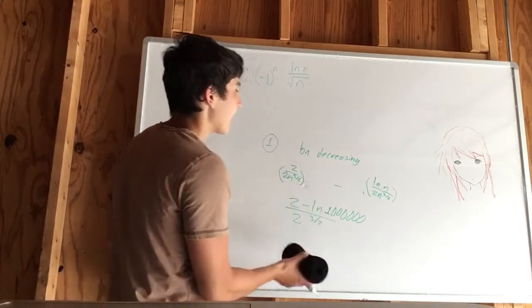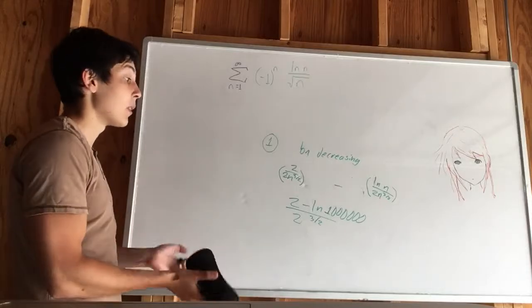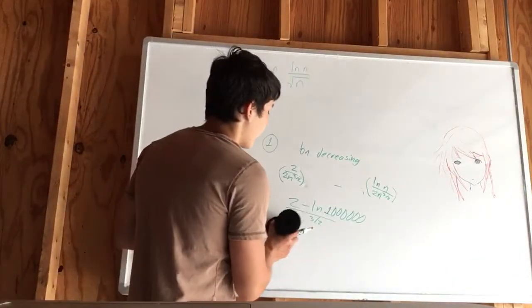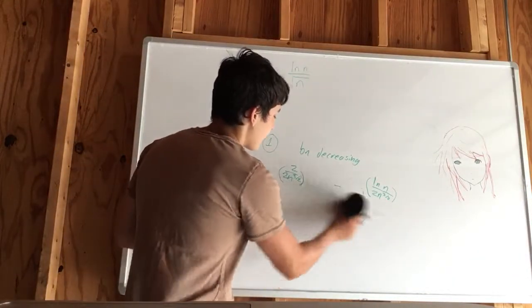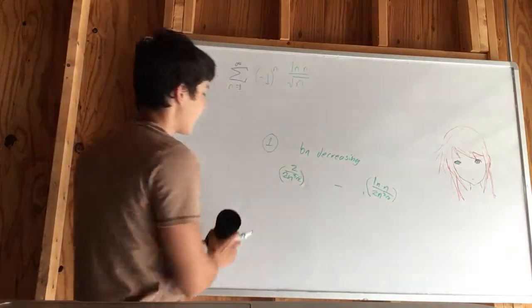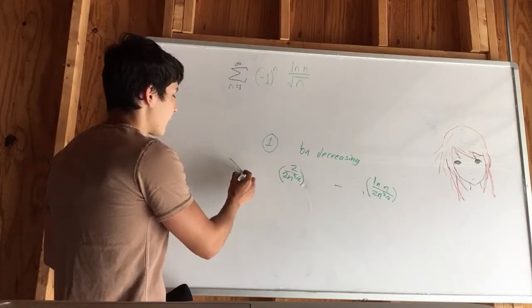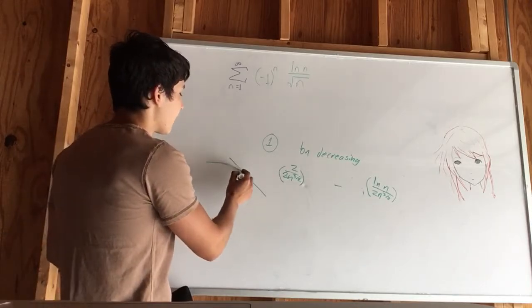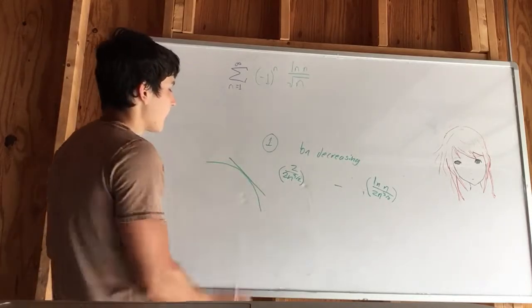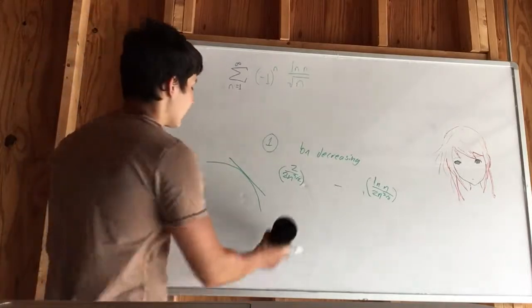The derivative is negative, which means that b sub n is going to be decreasing for large enough numbers. Remember, the derivative indicates the slope. If your slope is negative, that means your function is decreasing.